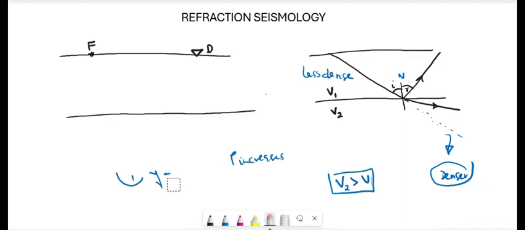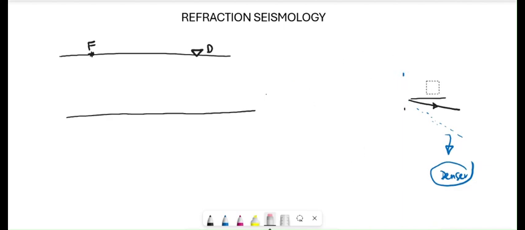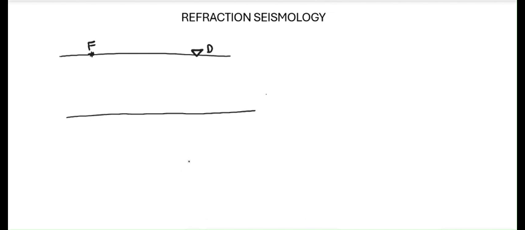So in exploration geophysics, where we want to explore, let's say, what is within the subsurface, we can deploy the use of the seismic wave, that is the refraction seismology. So assuming we have this to be our focus, this to be a geophone, you get it.